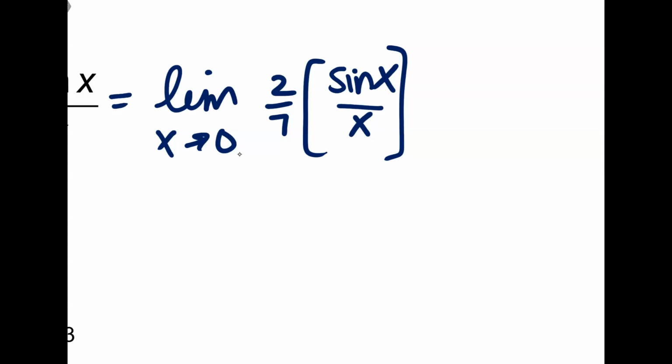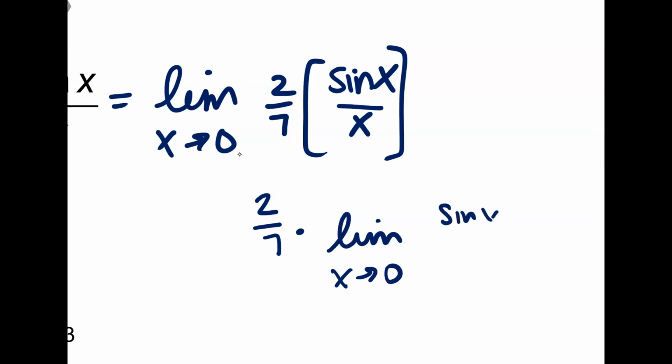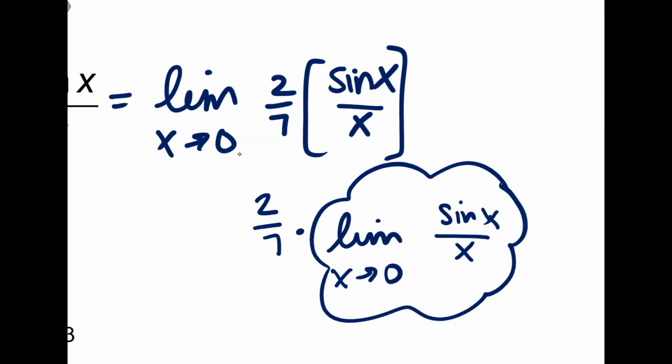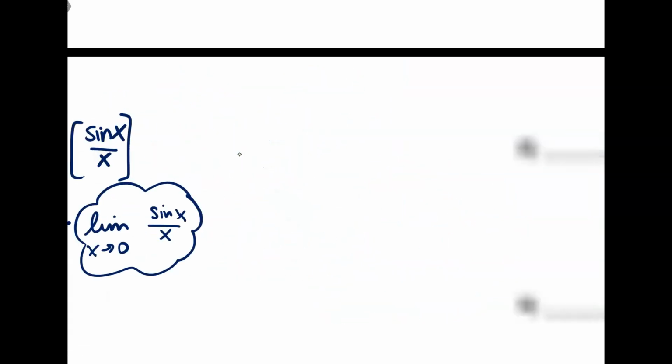So if you remember the properties of limits, if I take a constant 2/7 and multiply by the limit of a function, I can just multiply 2/7 times the limit as x approaches 0 of sine of x over x. Because we know this from the first example in our notes, page 2, mid-page: the limit of sine x over x as x approaches 0 is 1. 2/7 times 1 is 2/7.